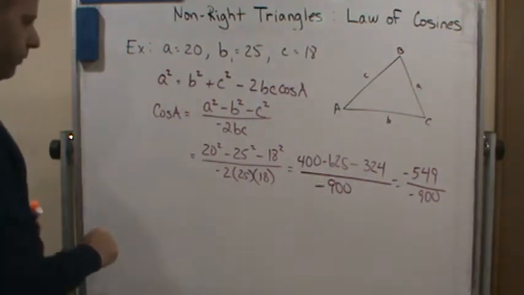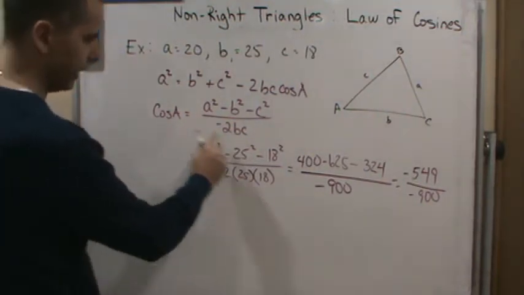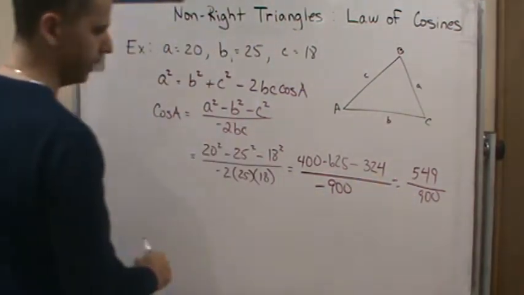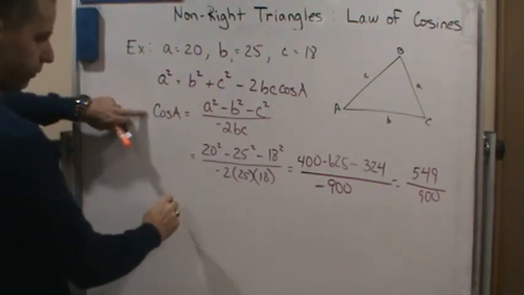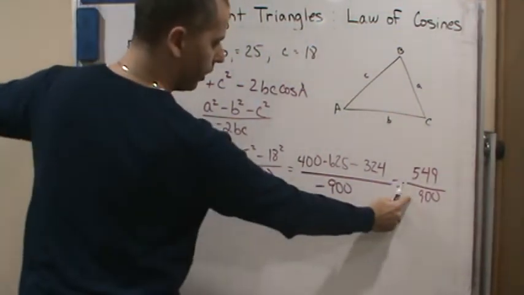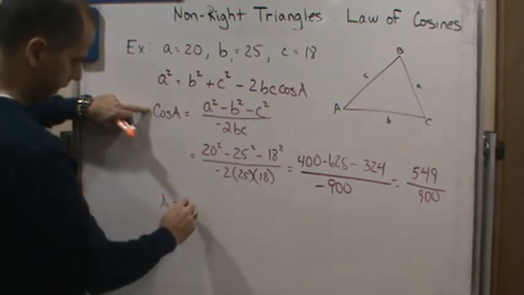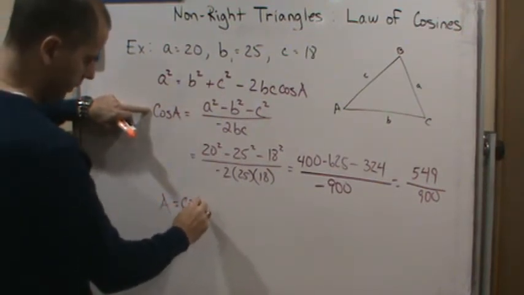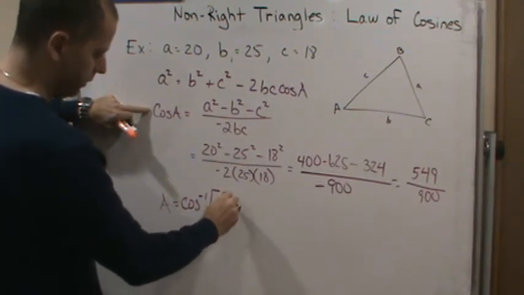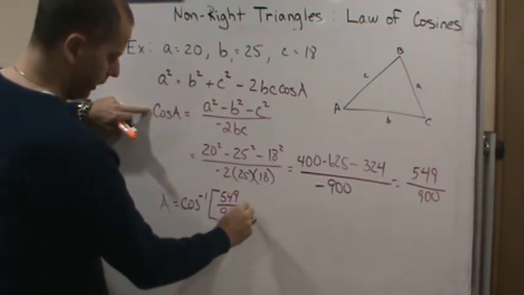So cosine A is equal to this, and this is going to be positive, so the negatives will cancel. And now, if we take the inverse cosine of both sides, we get A equals inverse cosine of 549 over 900.